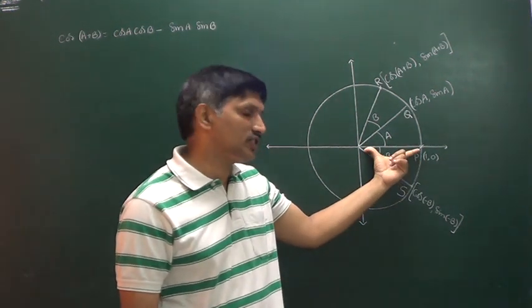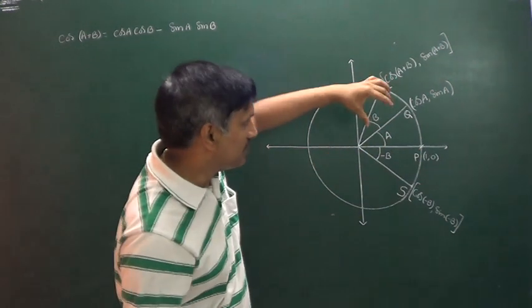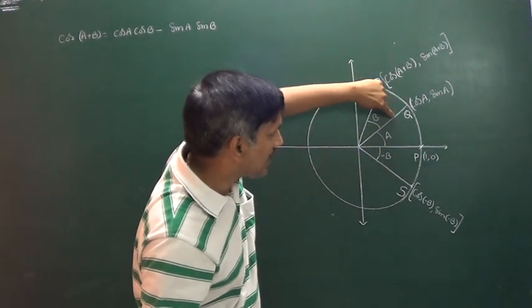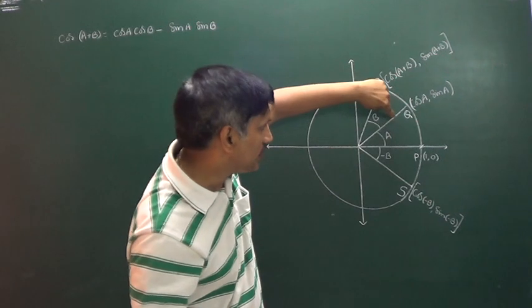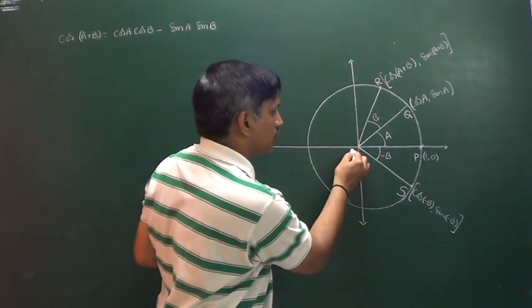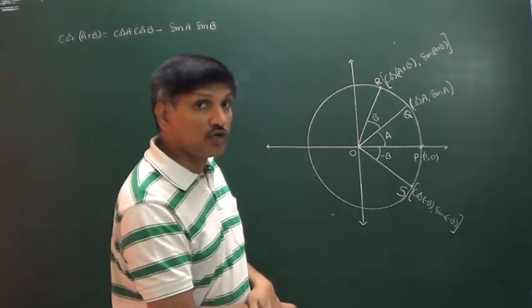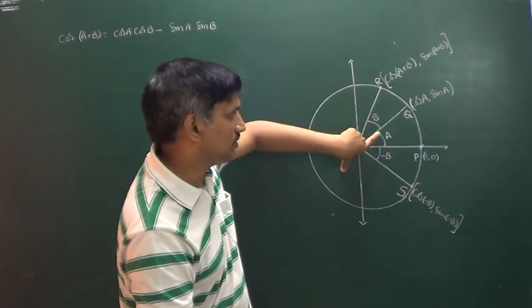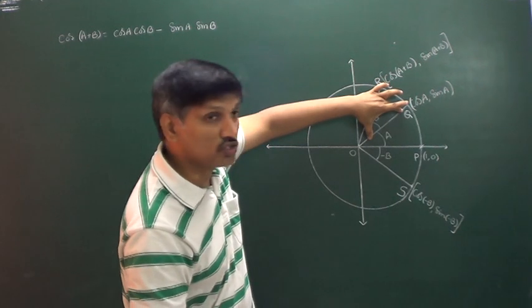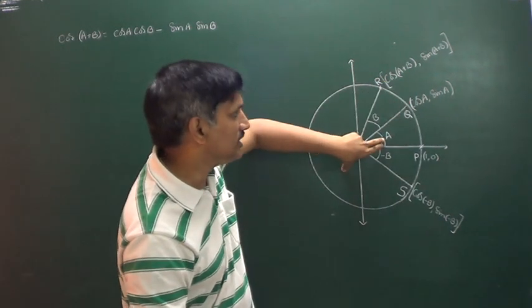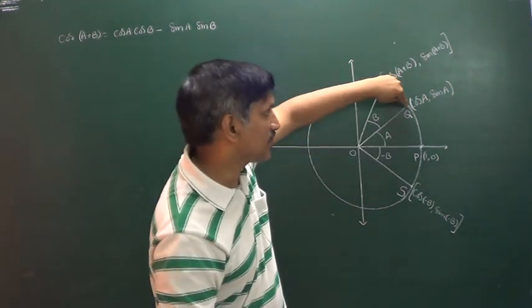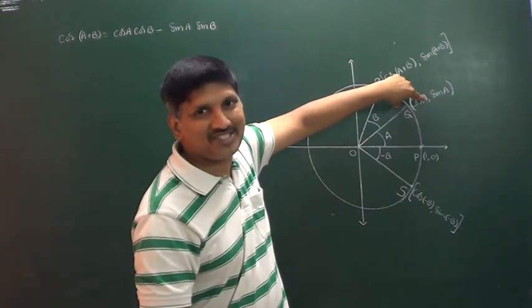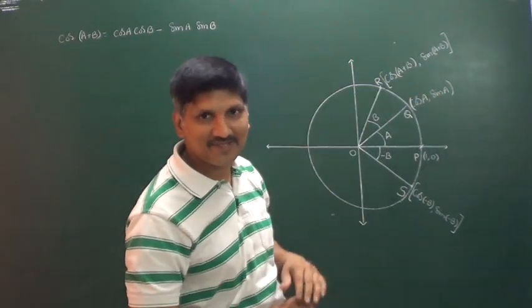That means this distance is 1 unit, the radius of the circle, and this segment is OQ. That OQ makes an angle A with the x-axis. So this length is 1 unit and this angle is A, then this particular point becomes (1 cos A, 1 sin A), right?